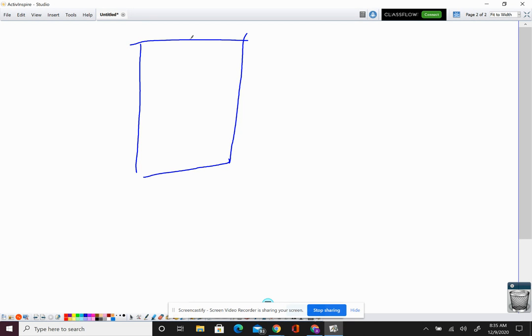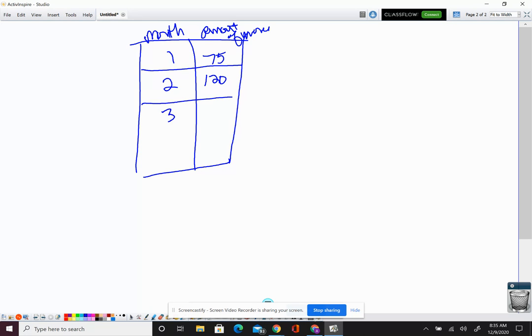We know she wants to buy a saxophone. So this is the number of months, and this is the amount of money saved. After 1 month, it's $75. After 2 months, it's $120. After 3 months, she's at $165.